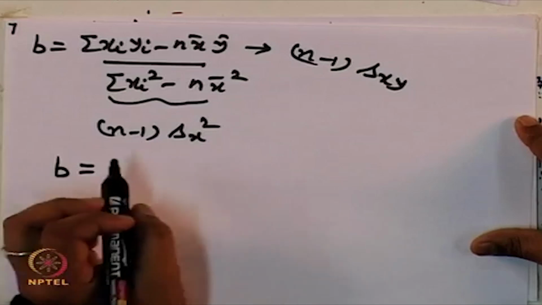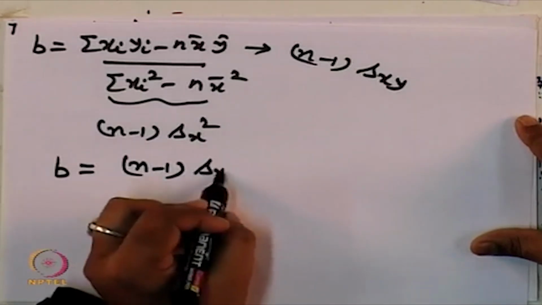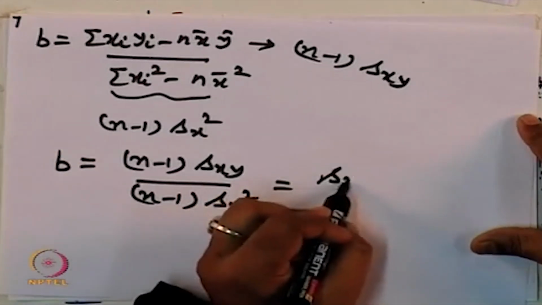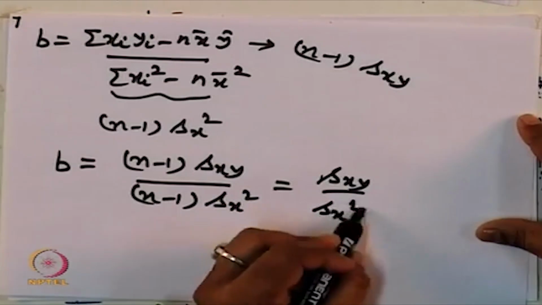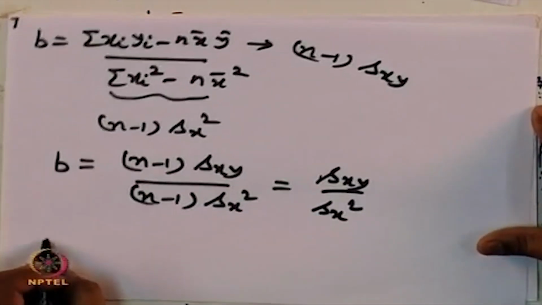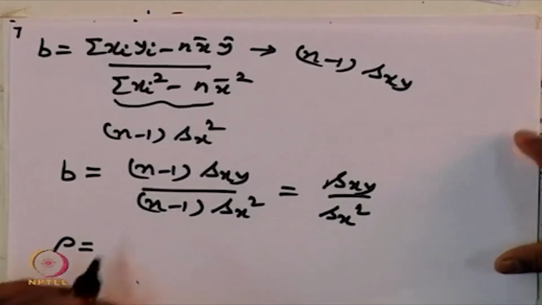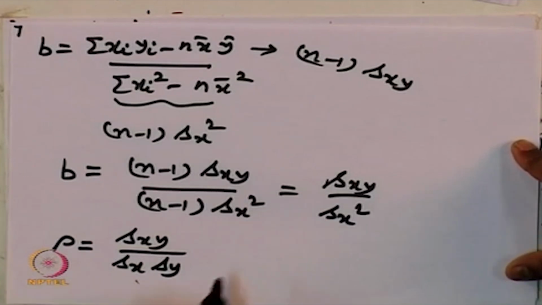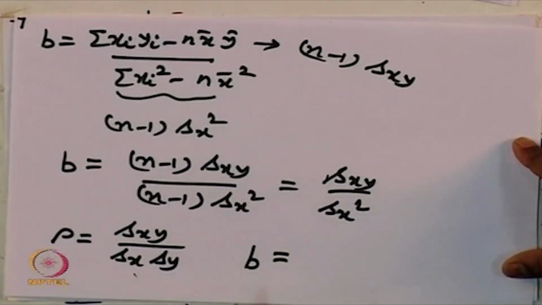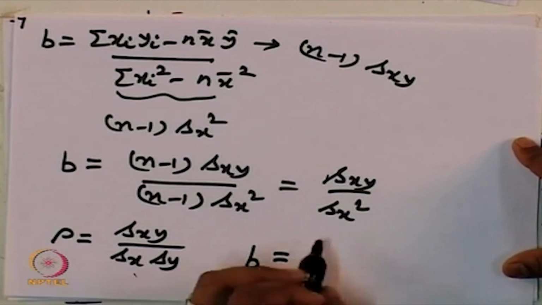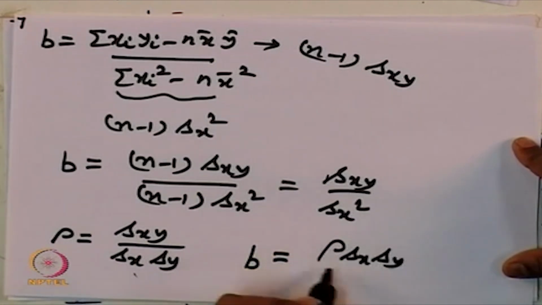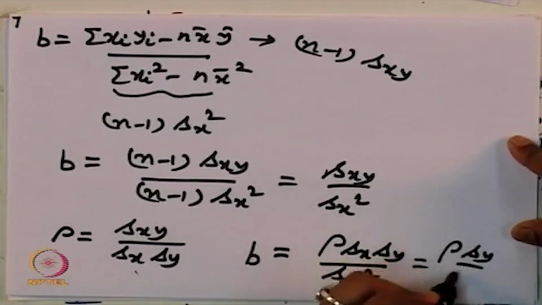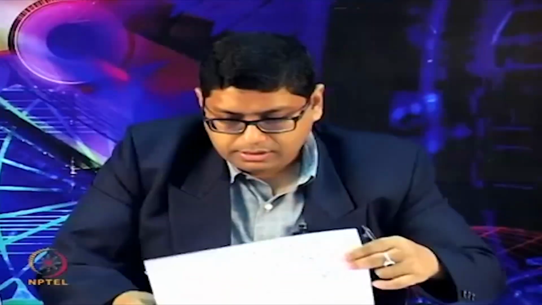So, my b is nothing but n minus 1 into s x y by n minus 1 into s x square, which is equal to s x y by s x square. Okay. Now, I know that my correlation coefficient is defined by s x y divided by s x times s y. So, my b can be determined to be rho. So, s x y I can write rho s x s y by s x square. So, then b is nothing but rho into s y by s x. Okay.